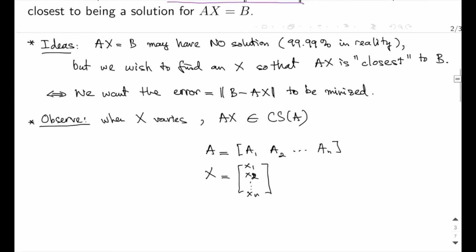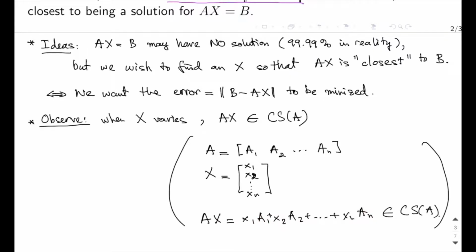So if you multiply A and x by the definition of matrix vector multiplication, you multiply the scalars x1, x2, up to xn to each of the columns of A and then combine them. That means Ax is a combination of the columns of A, so it is in the column space of A. Let's denote this as W.